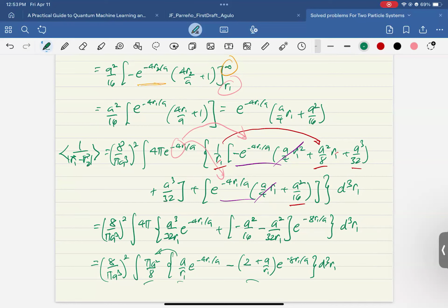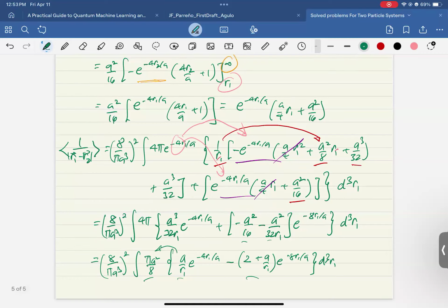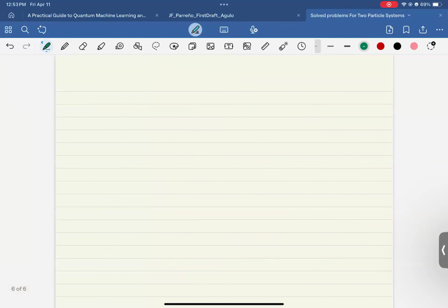Okay. And then, dito kumuha rin ako ng a squared over 32 tsaka a squared over 32. Okay. So the expectation value of the absolute value of the reciprocal of the absolute value of R1 minus R2 ay equal ngayon sa 8 over pi a to the fourth.